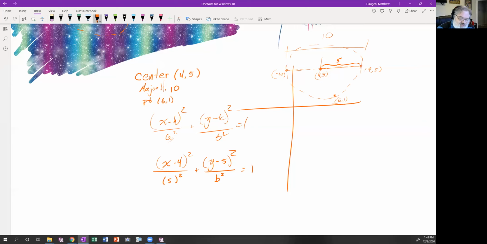But we know that we have to pass through the point 6, 1. That means if we let that X be 6 and the Y be 1, this thing has to be true. Fair? So we could presumably put that 6 and 1 in there and solve for B.